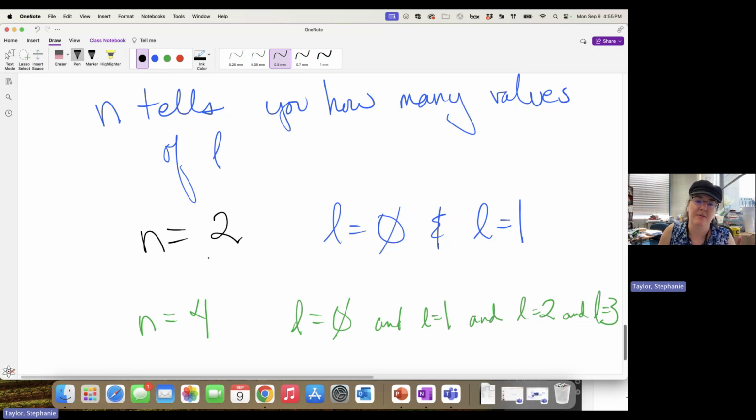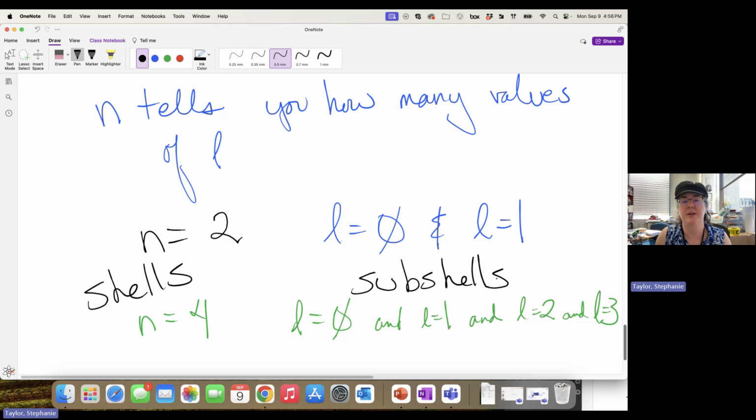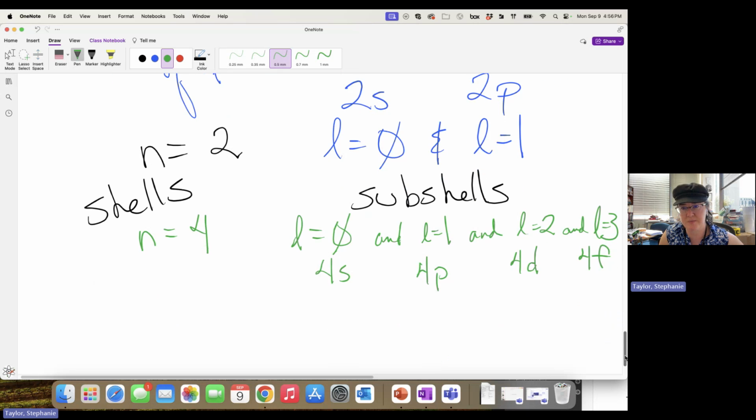Keeping in mind that values of N are called shells and values of L are called subshells. So my value of N also tells me how many subshells I have. So I could also talk about these as when L is 0 and N is 2, that's the 2s subshell. When N is 2 and L is 1, I have the 2p subshell. And then here in green, I would have the 4s, the 4p, the 4d, and the 4f subshell.